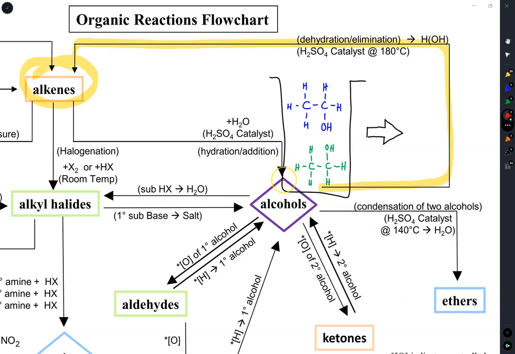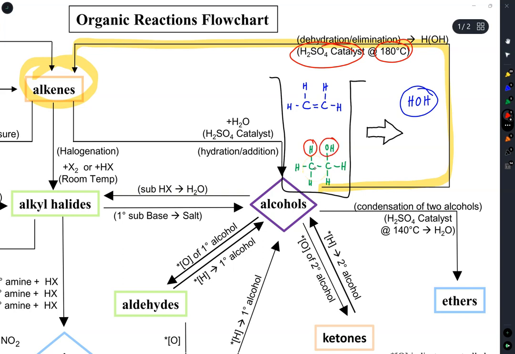But if I add heat and sulfuric acid catalyst to these alcohols, an elimination reaction can occur where the H and OH pop out, producing a water byproduct, allowing these empty bonds to collapse into a double bond. The same thing would happen to the second molecule here.